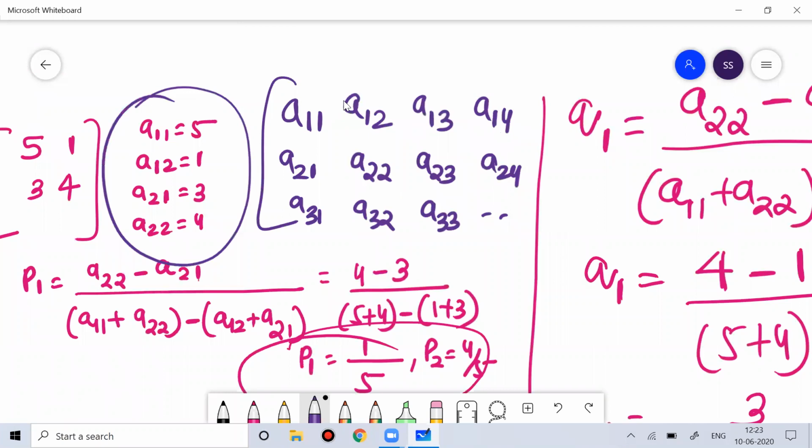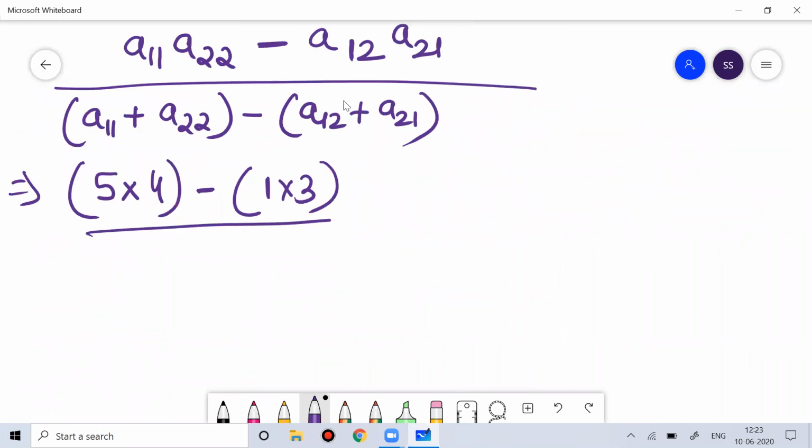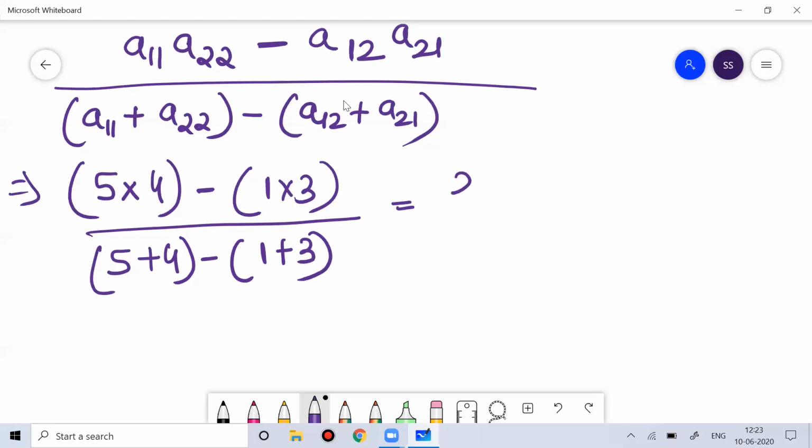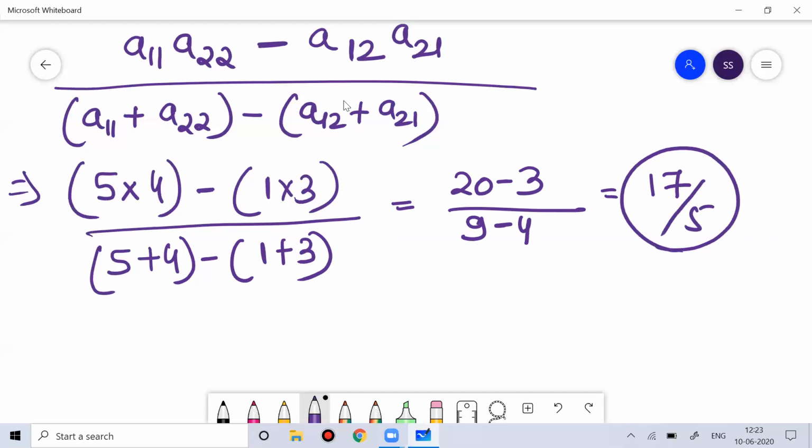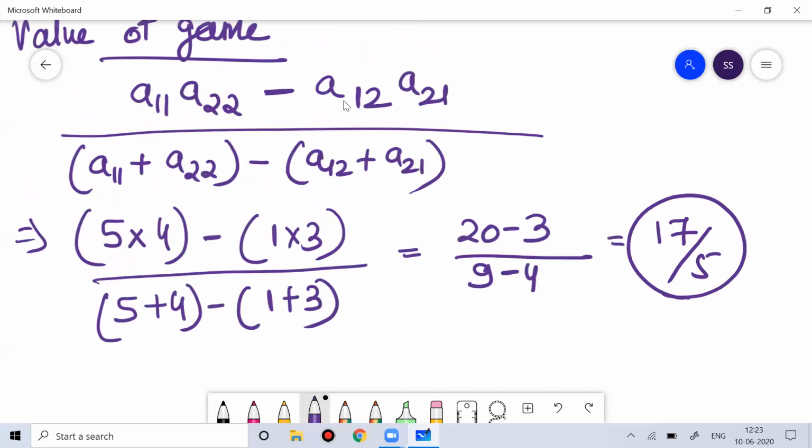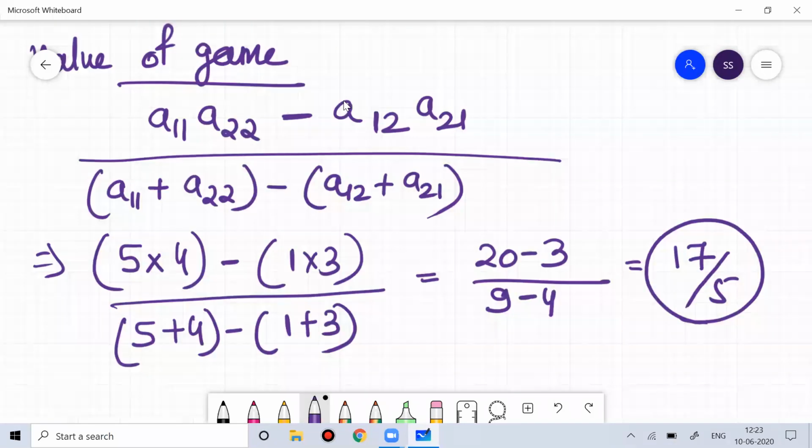Divided by A11, which is 5, plus A22, which is 4, minus A12, which is 1, and A21, which is 3. So this is 20 minus 3 divided by 9 minus 4. This is 17 by 5. This is the formula for the value of game.